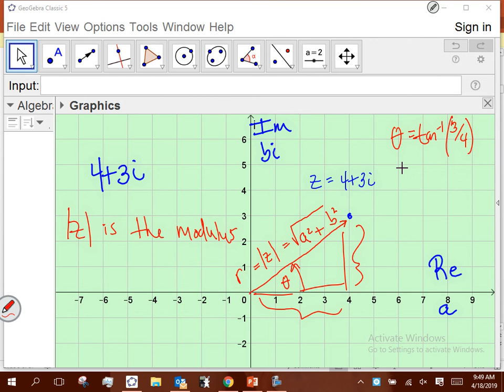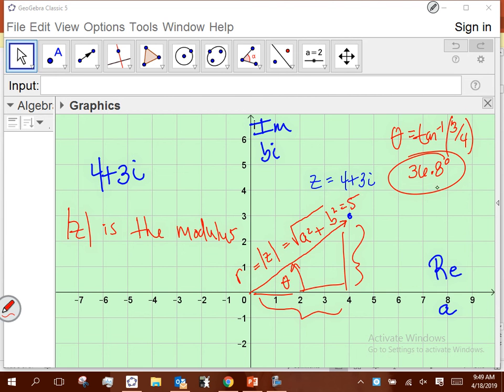So if I do the tangent inverse of 3/4, that gives us 36.8 degrees. Wouldn't this distance here be 5? 4 squared plus 3 squared, your modulus would be 5.